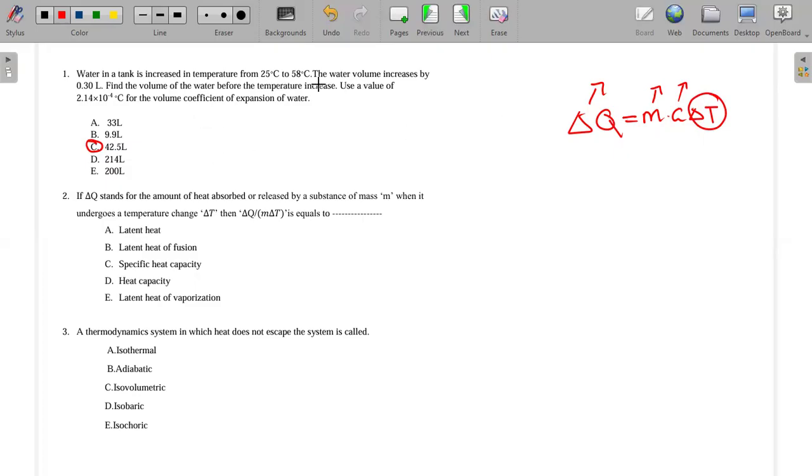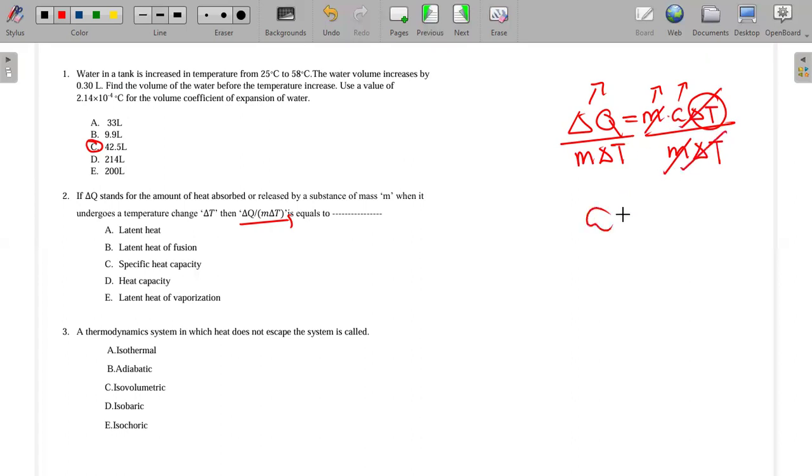They are saying what is change in Q divided by m multiplied by change in T going to give. So we're going to do just that. We're dividing change in Q by mass multiplied by delta T, and on the other side I'm going to multiply by mass multiplied by delta T like this. So mass and mass is going to cancel out, whilst delta T and delta T is going to cancel out.